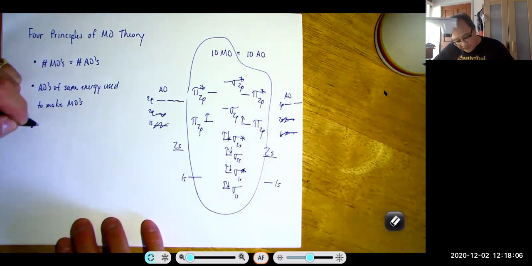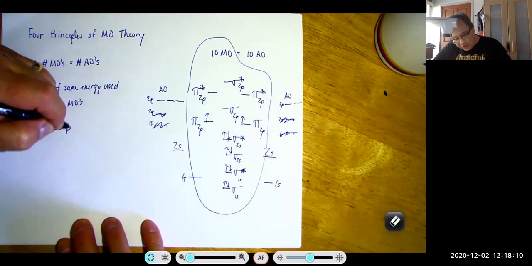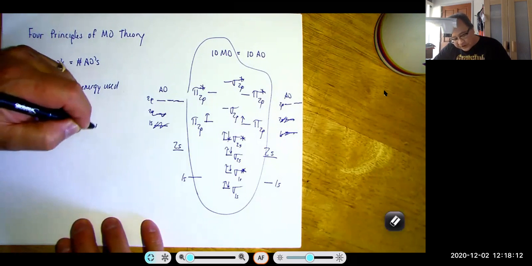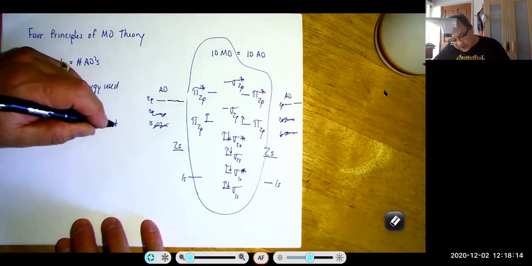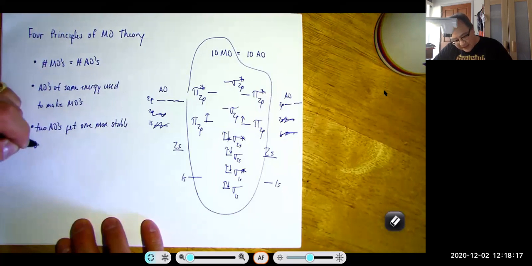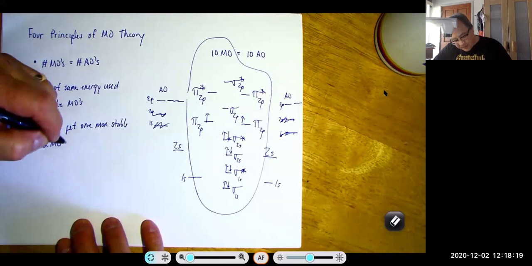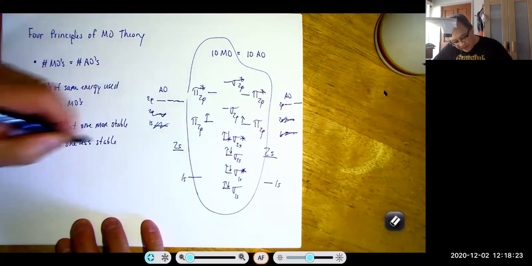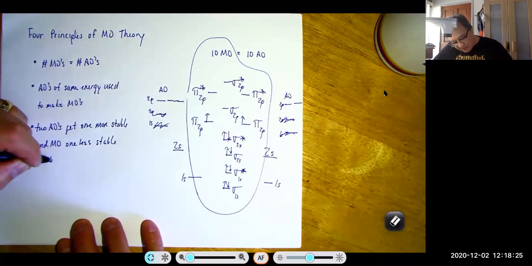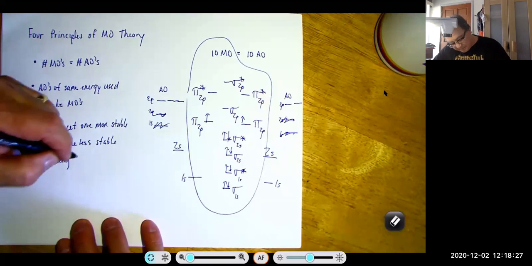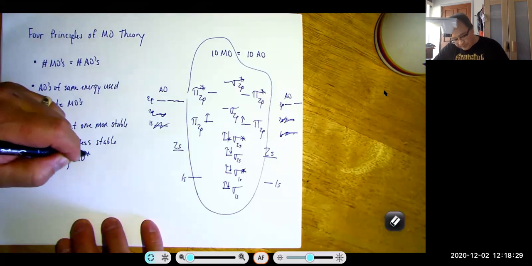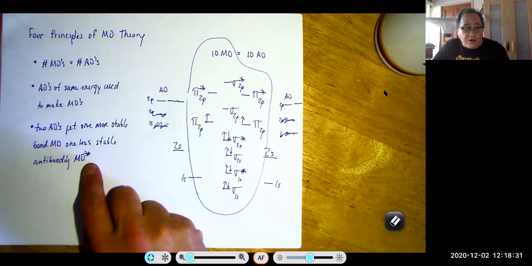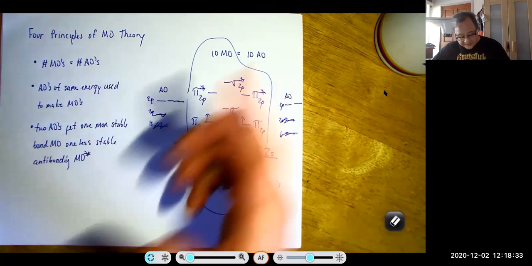Furthermore, for 2 AOs, you get 1 more stable bonding MO and 1 less stable anti-bonding MO. And notice I put a star next to the anti-bonding one because that's how we designate that.